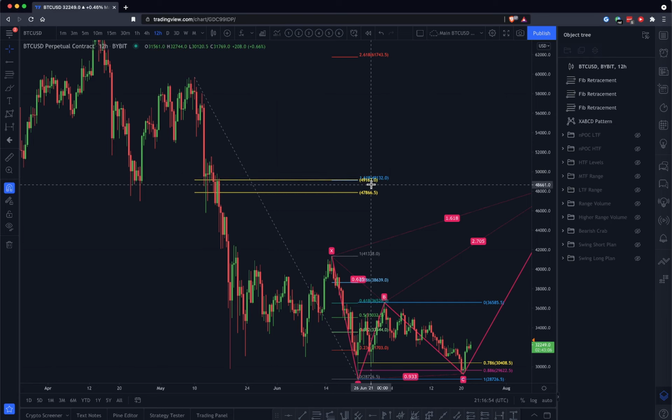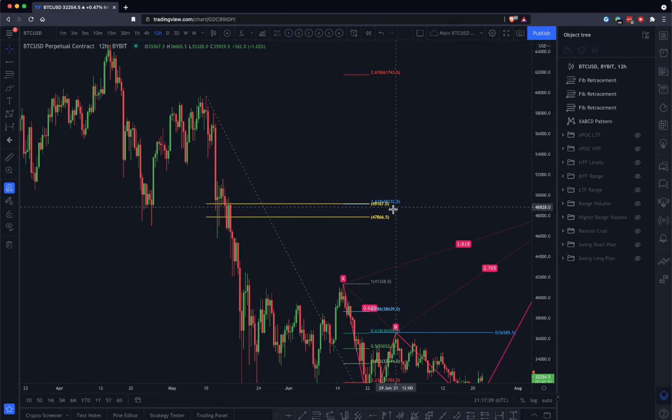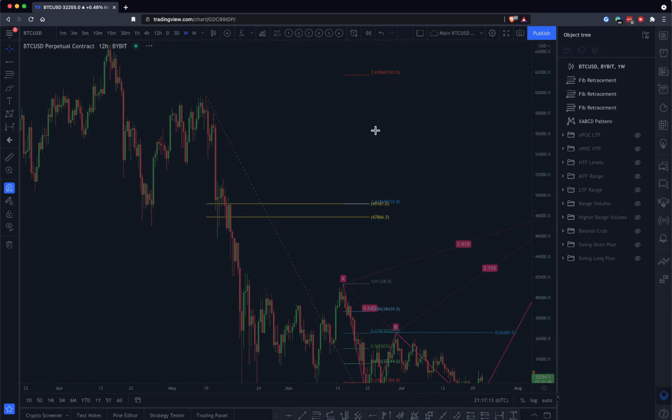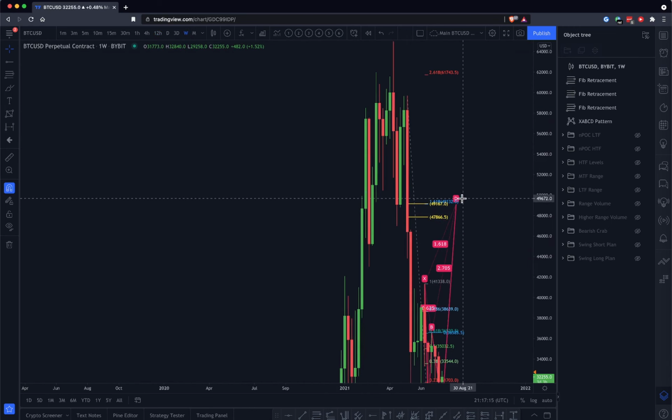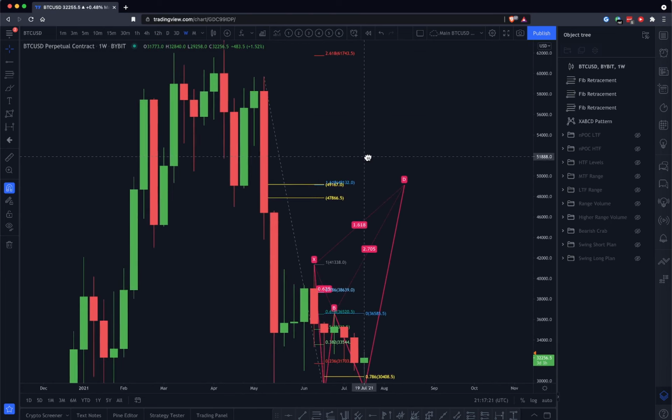It's not the exact dollar, there's a $20-$30 difference, $35, but it's very close. It's literally the same. So two confluences till now: you have the target of the bearish crab, and you have the 0.66 of the Fibonacci.